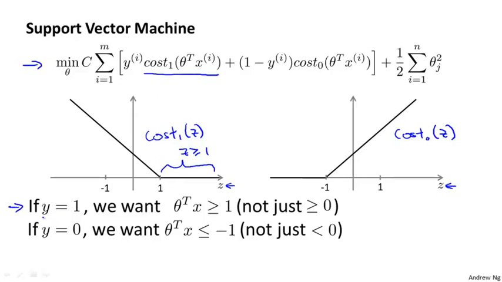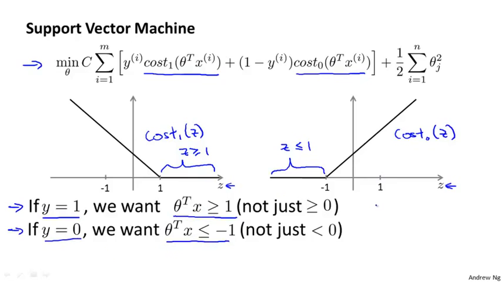So in other words, if you have a positive example, we really want theta transpose x to be greater than or equal to 1. And conversely, if y is equal to 0, we look at this cost0 of z function, then it is only in this region where z is less than or equal to -1 that we have that cost0 of z is equal to 0. And this is an interesting property of the support vector machine, right?